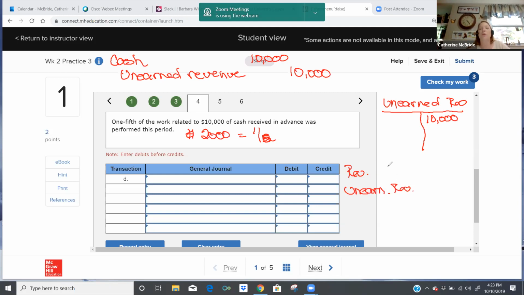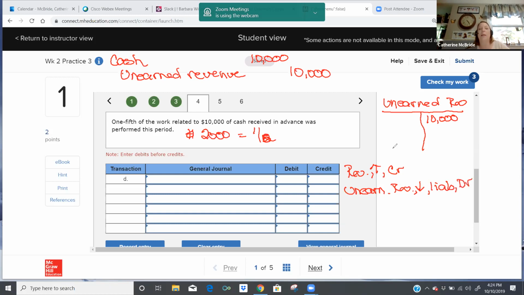Did revenue increase or decrease? It increased. What about our liability? Did our liability increase or decrease? It decreased. If I increase revenue, do I debit it or credit it? I credit it. If I decrease a liability, do I debit it or credit it?